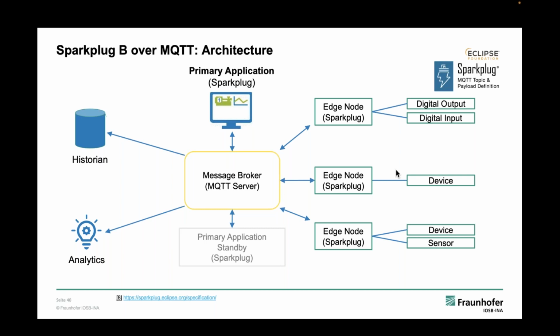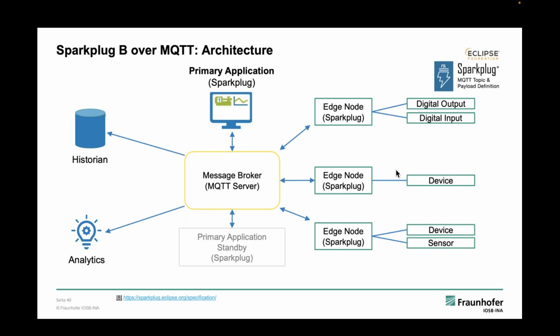But one challenge is, for instance, that if the primary application quits, then everybody quits publishing data. The edge nodes quit publishing data, and for instance, the historian and the analytics system also don't receive any data anymore. And as I said, the edge nodes pack up all the data that has to be published, and it's published as a whole.